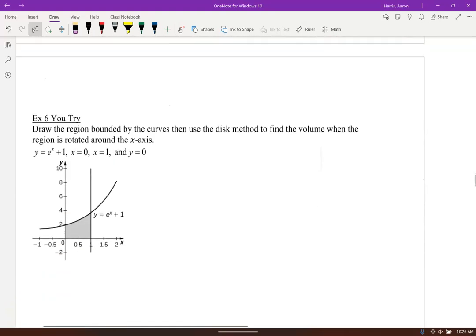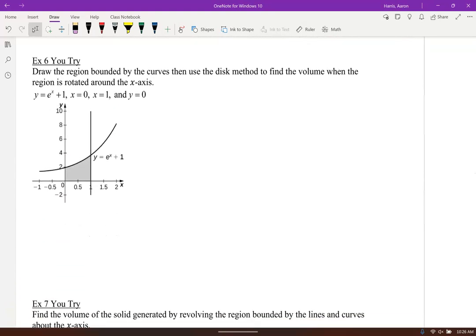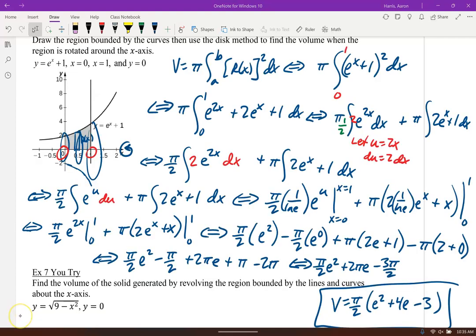All right, let's keep going here. This is a good u-triad problem. I did give you the picture. Maybe I shouldn't have given you the picture, but go ahead, pause it, and try that one. If you want to check yourself on this one, you've got your radius here, r of x. That's our function, e to the x plus 1 minus 0, right?